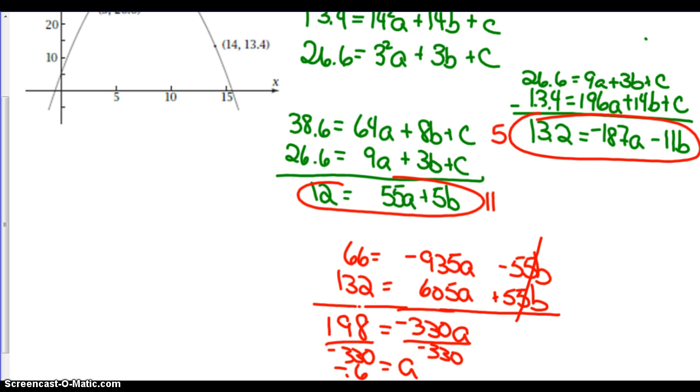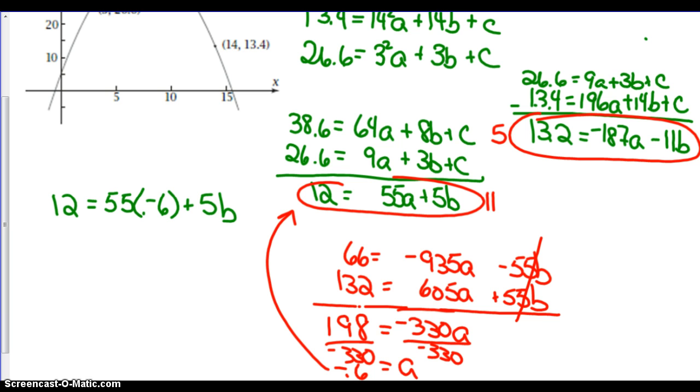Now, take that answer, bring it back to one of these with two variables. So 12 equals 55 times negative 0.6 plus 5b. 55 times negative 0.6 is negative 33.